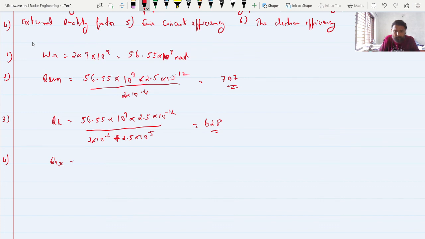Fourth one is the external quality factor, QX, 56.55 into 10 raised to 9 into 2.5 into 10 raised to minus 12 divided by 2.5 into 10 raised to minus 5, which is nothing but 5655.